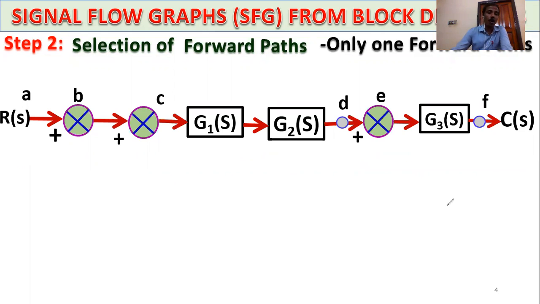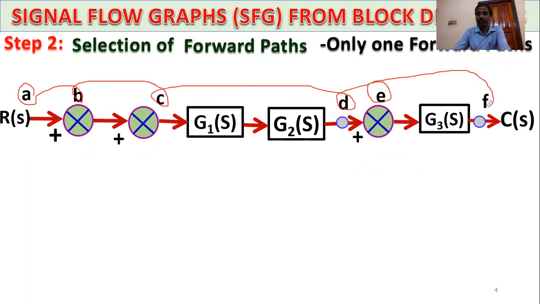In this problem, only one forward path: A, B, C, D, E, F, and the last point G.